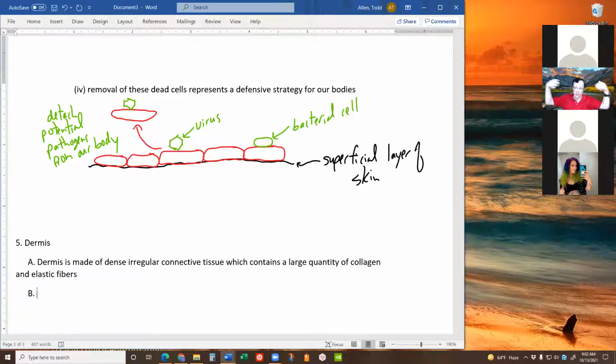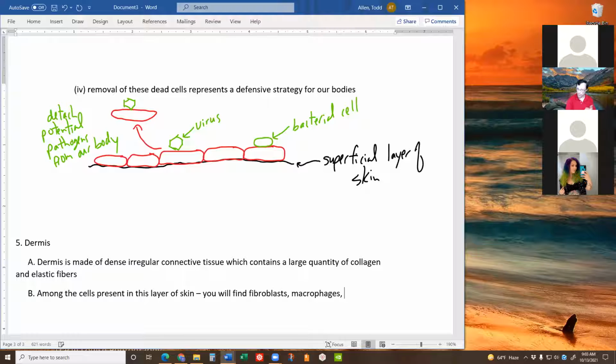But among the cells present in this layer of skin, you will find fibroblasts, macrophages for defense, and adipocytes, right? Adipocytes to provide physical cushioning against impacts to the body.